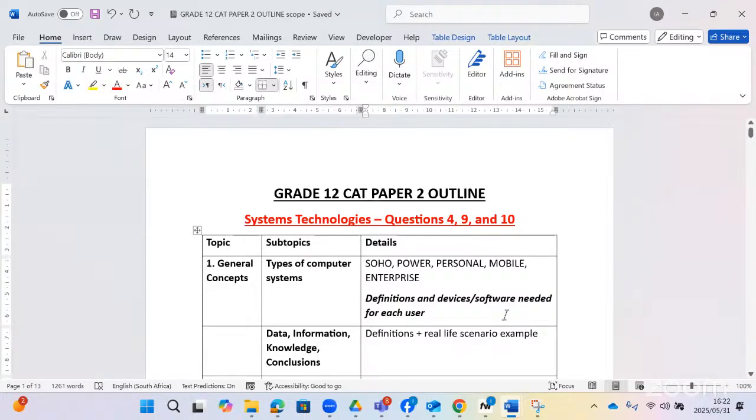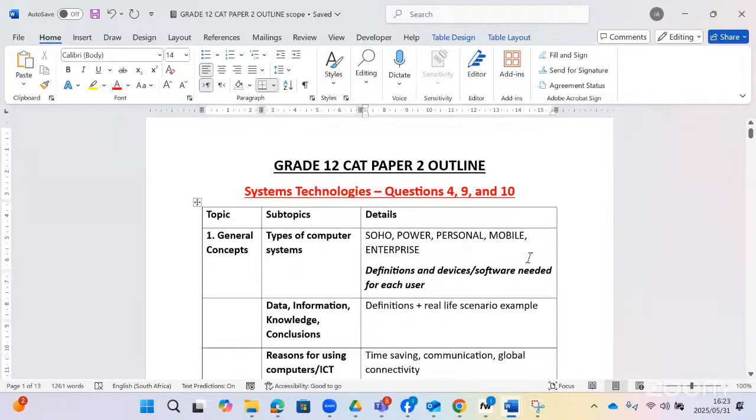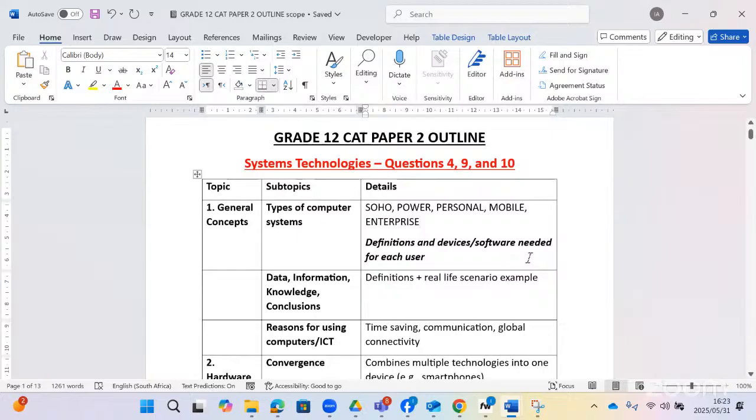Now, you can see that the system technologies, which involves questions 4, 9, and 10, talks about the following. 1, the types of computer systems. In term 1, we discussed the types of computer systems as SOHO, power users, personal, mobile user, and enterprise users.